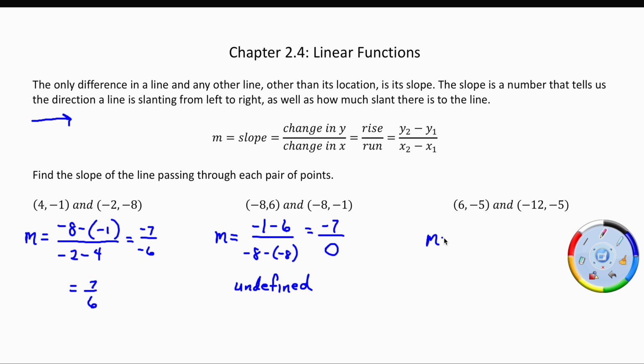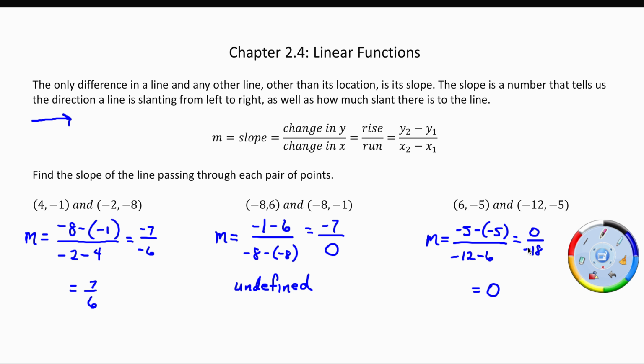One more time, plugging into the formula. Y sub 2 minus y sub 1 over x sub 2 minus x sub 1. Negative 5 plus 5, 0. Negative 12 minus 6, negative 18. So don't forget, write that as 0. Don't leave it 0 over negative 18.